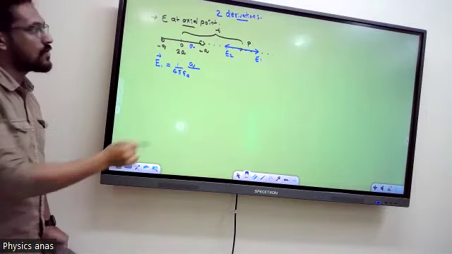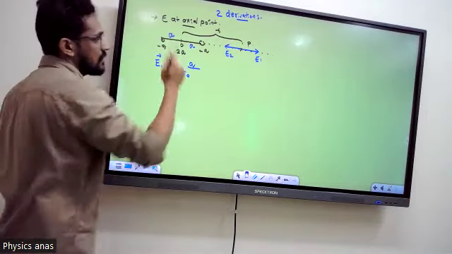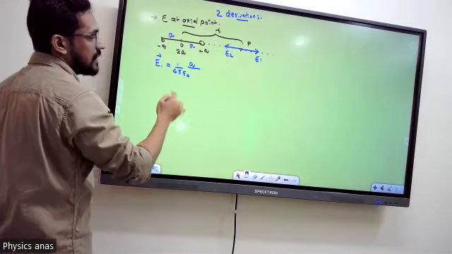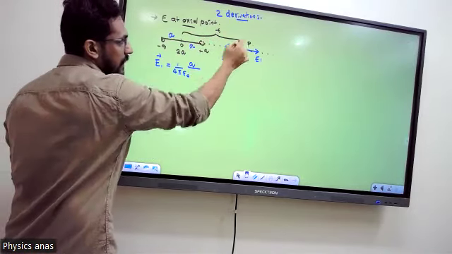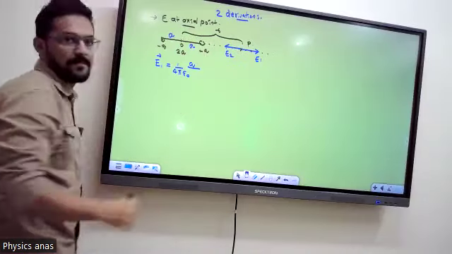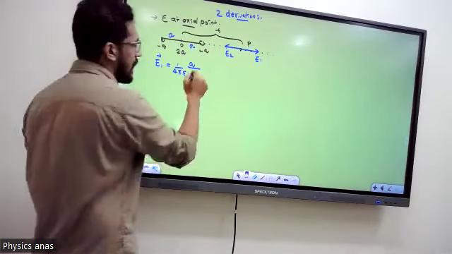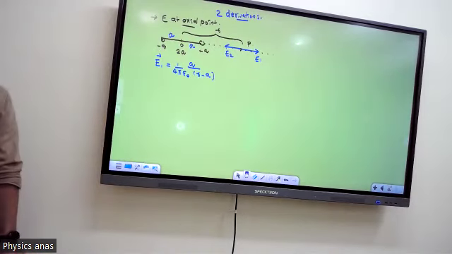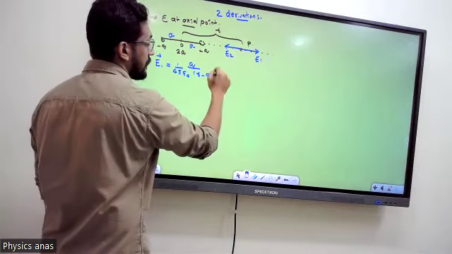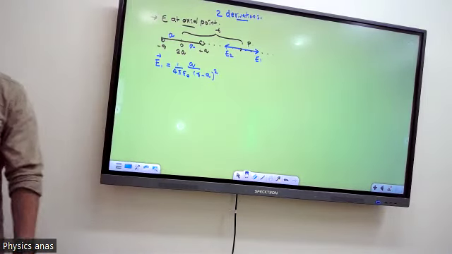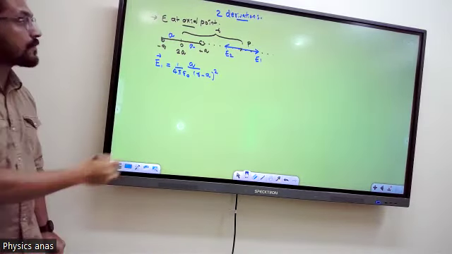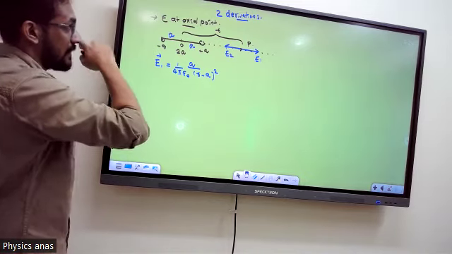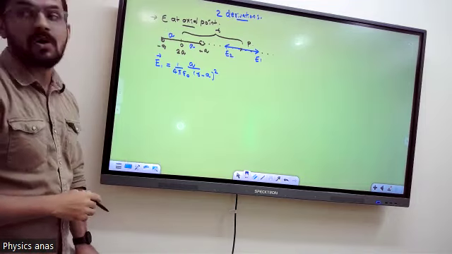Here you have a, here you have a also. So for the positive charge, that will be Q divided by r minus a, the whole square.